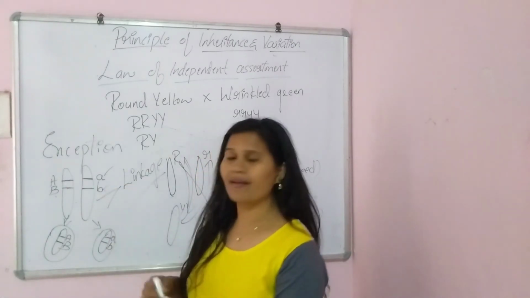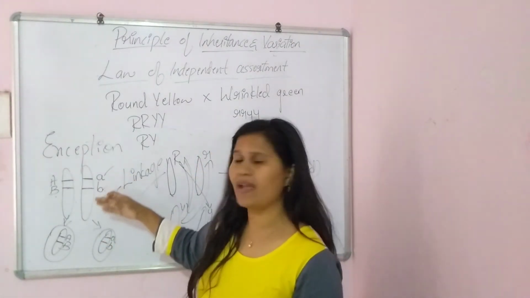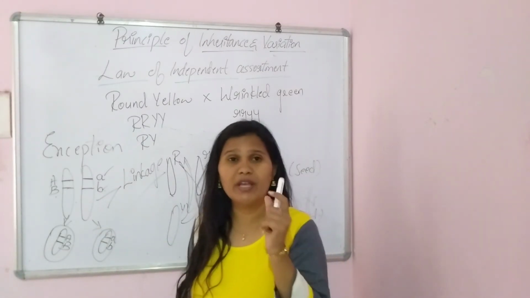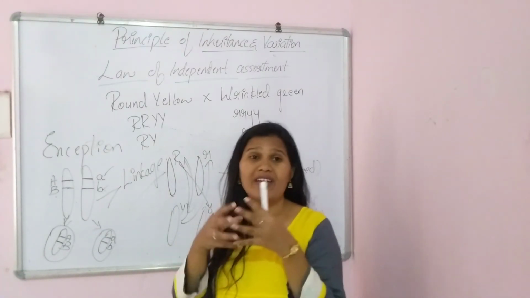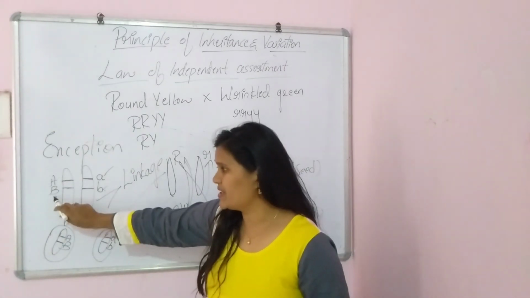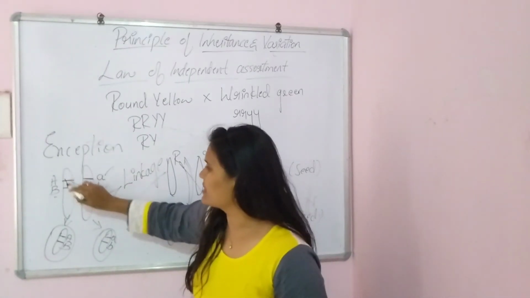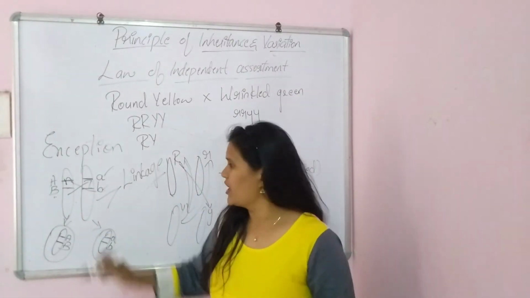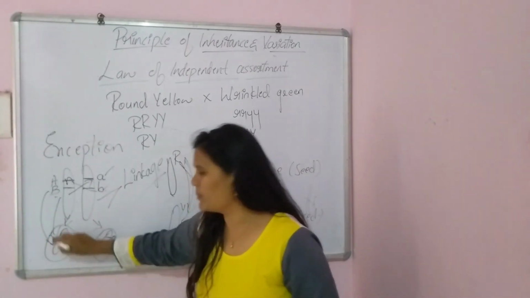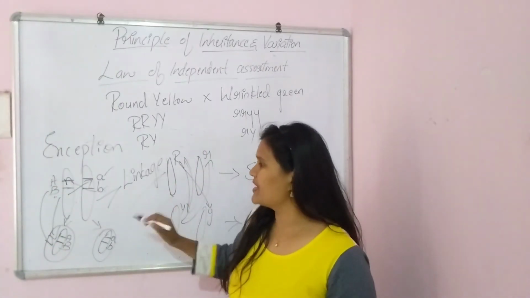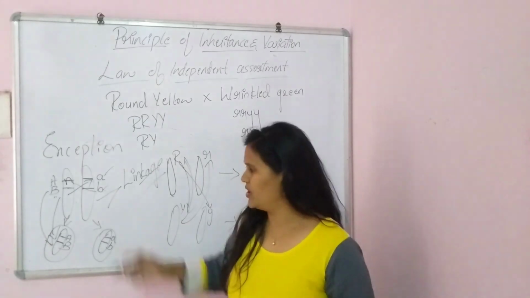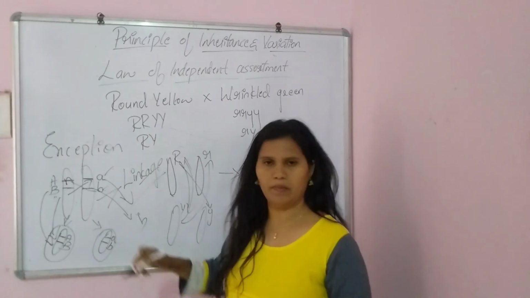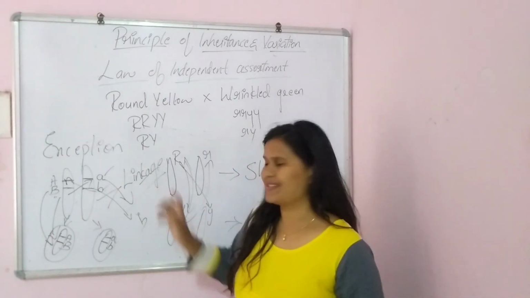Here these two are close to each other, capital A and capital B, and also small a and small b, as they are present on the homologous chromosomes. They are very close to each other. Hence, no allele will get independently assorted. If A comes over here, again the capital B will come with this only. That's why it is called linkage. Here also the same case: if small a separates, along with that small b will come. Got? So this is called linkage.